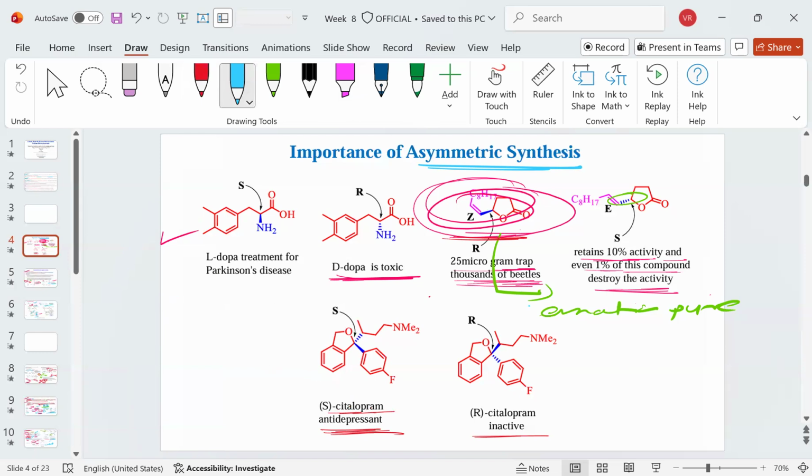However, as we see in the case of L dopamine and D dopamine, D dopamine is particularly toxic. So in some cases it is okay to have some impurity of a side product or some enantiomer in the API. However, in cases like dopamine, a slight impurity can cause toxicity.